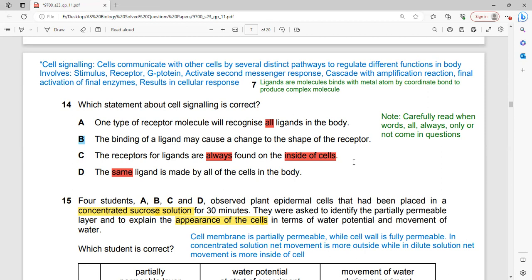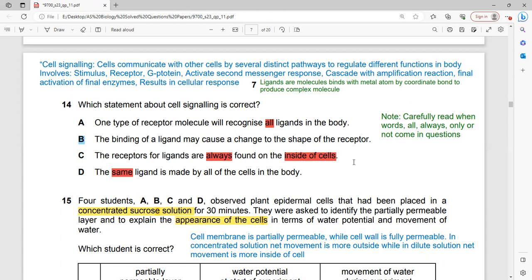The G protein in turn activates the second messenger response, which is a group of enzymes present inside of the cell, and they release some chemical to activate one enzyme, which activates a second enzyme, which activates a third enzyme. This is called a cascade with amplification reaction. Finally, the final enzyme is activated, which is responsible to produce a specific type of change, which is the correct response to that stimulus. This whole process is called cell signaling.